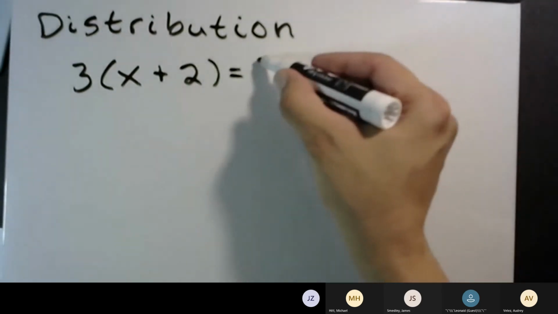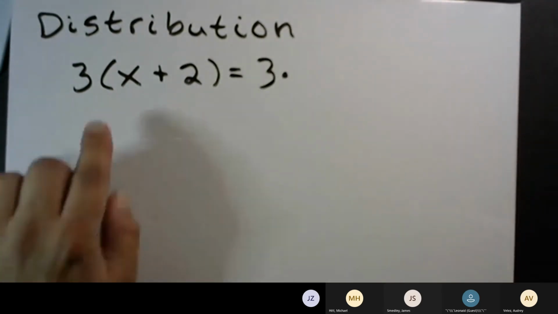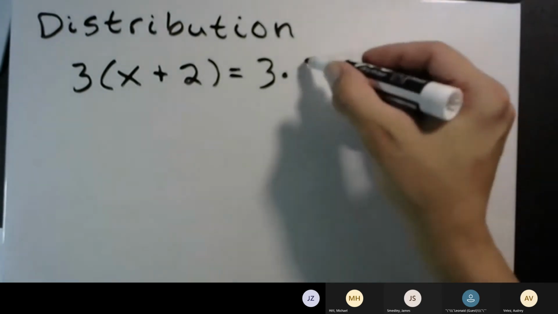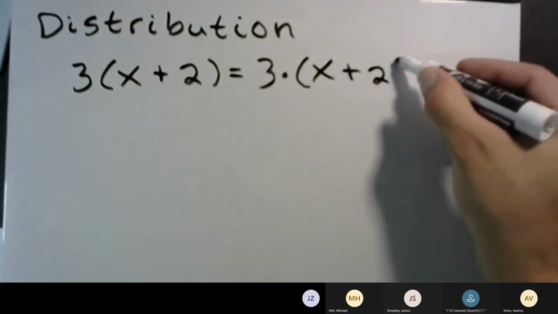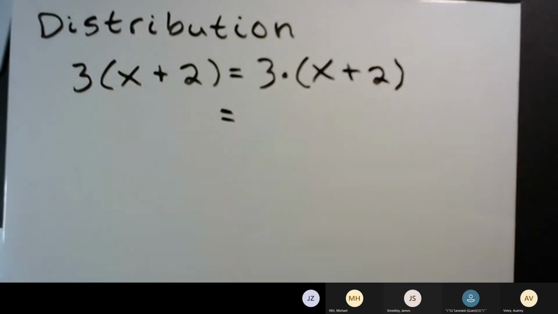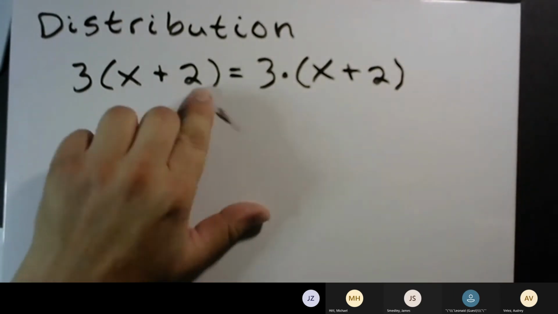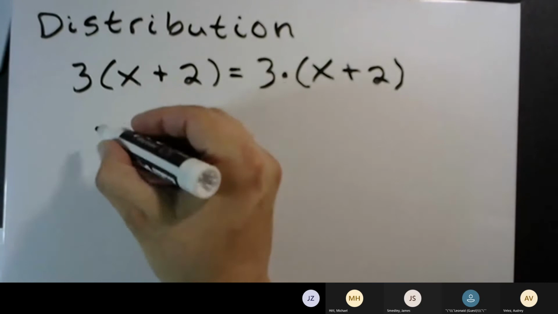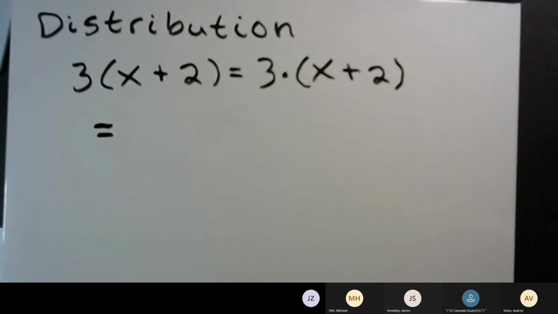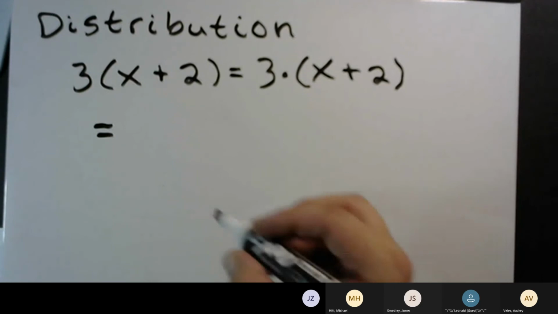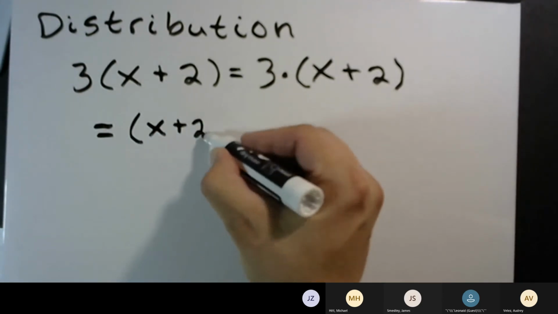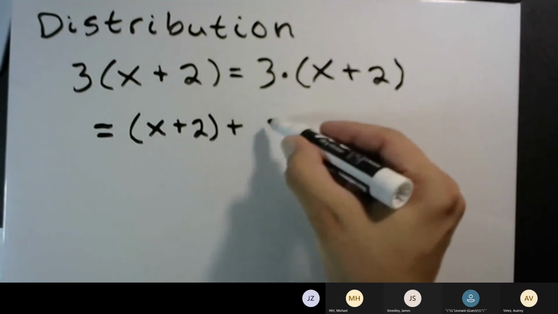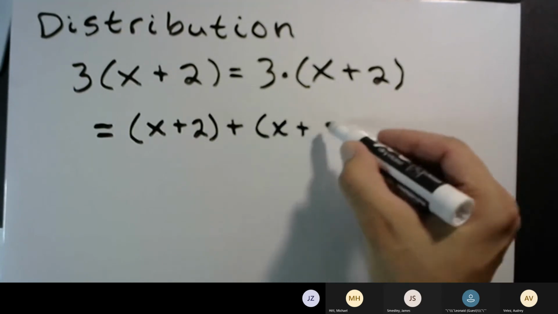Now, what this means, when you see a number next to parentheses, in algebra, that means multiplication. So what this says is we have 3 times this quantity x plus 2 in parentheses. Now, what this means is we're going to add x plus 2 to itself 3 times.